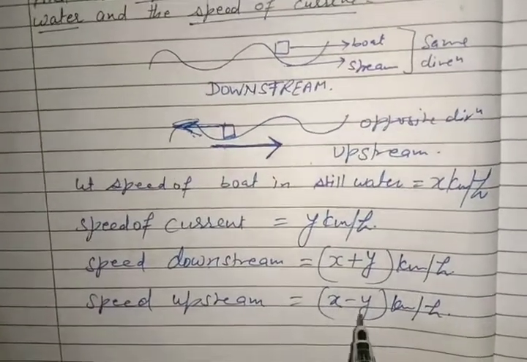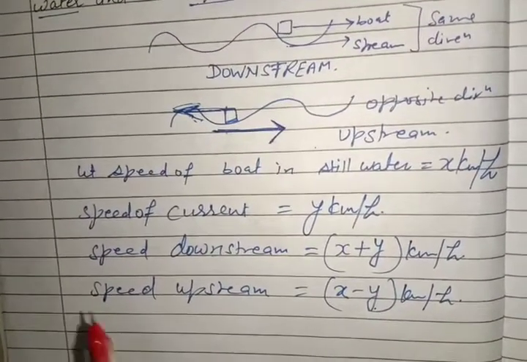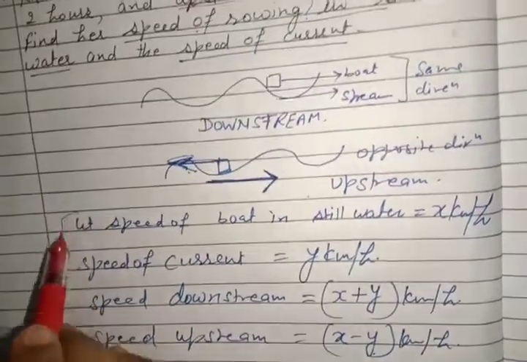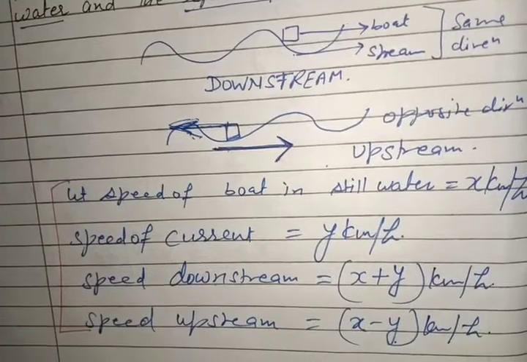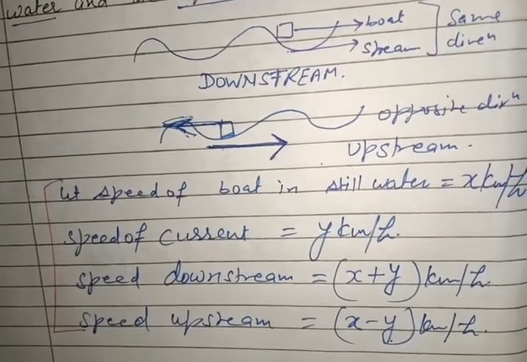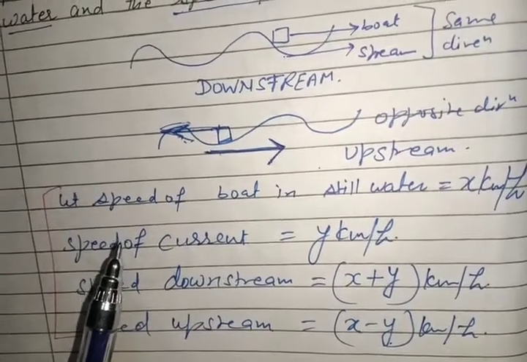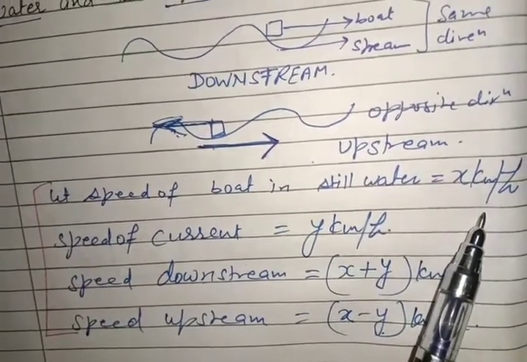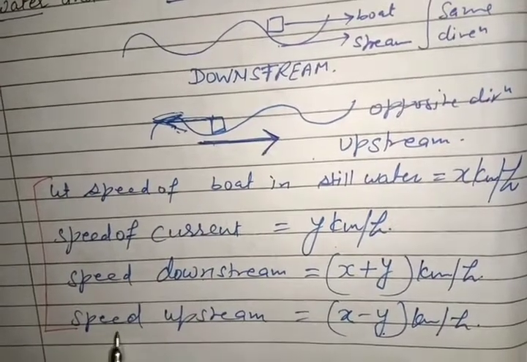So that's why it is x minus y kilometer per hour. Whenever you see a question of upstream and downstream, these four steps should be in your mind always. You need to write these four steps: speed of boat in still water is x, current is y, speed downstream is this, speed upstream is this.